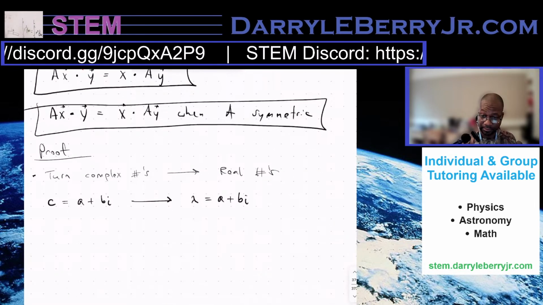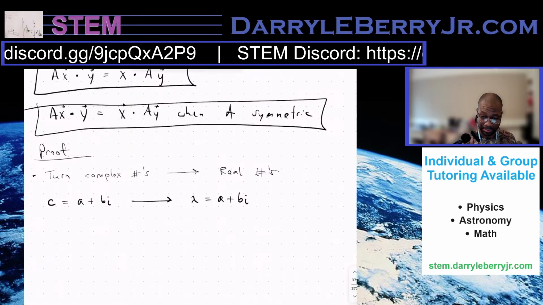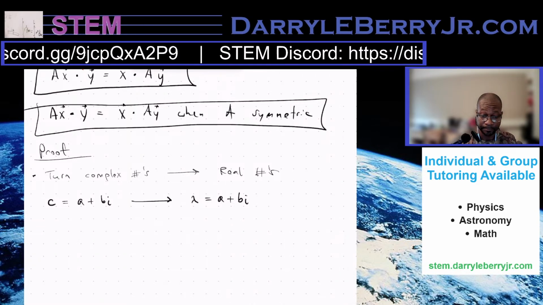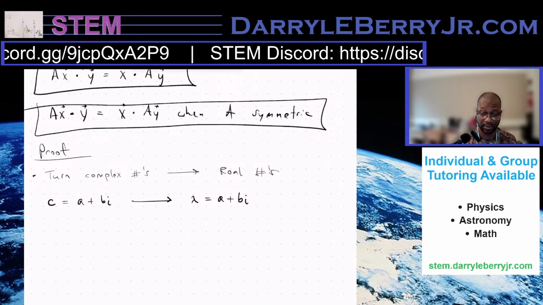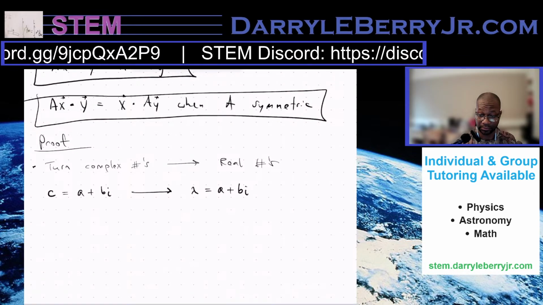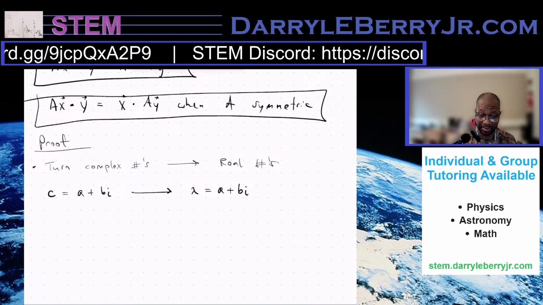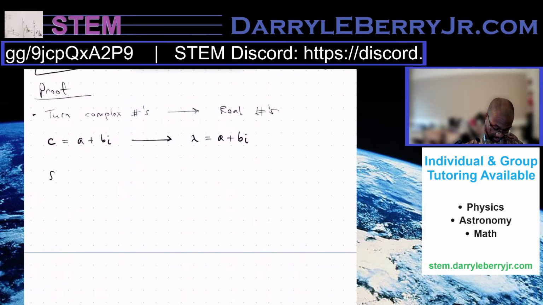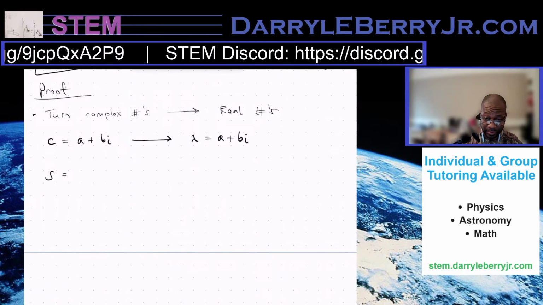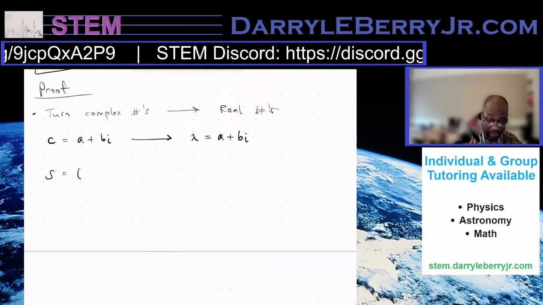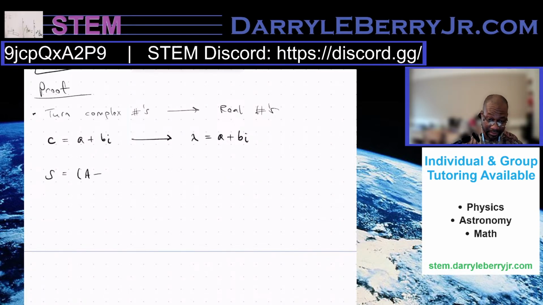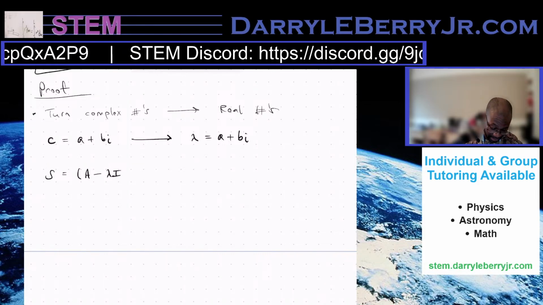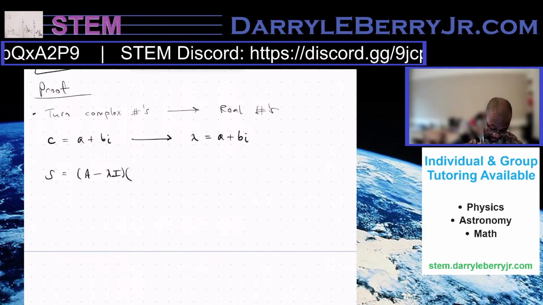So that's all lambda, a complex number or potentially complex, because b could be 0. Eigenvalue, a potentially complex eigenvalue of A, and we're going to consider the real matrix S equals A minus lambda I.